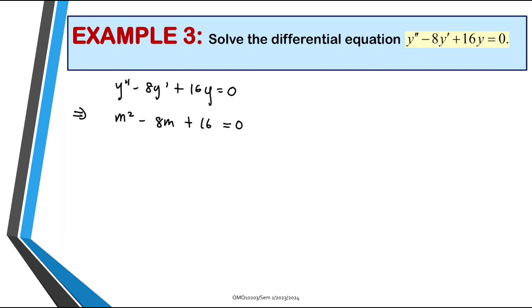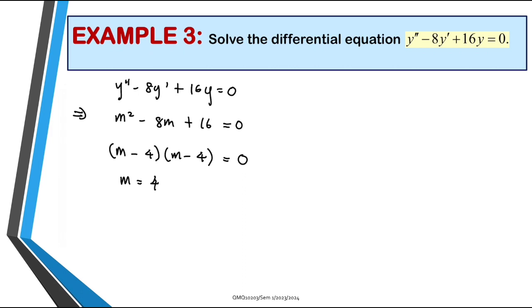And then we are going to find the solution for this auxiliary equation. For this equation, we can use factorization. So we will have (m minus 4) multiplied by (m minus 4) equal to 0. So we have m equal to 4.